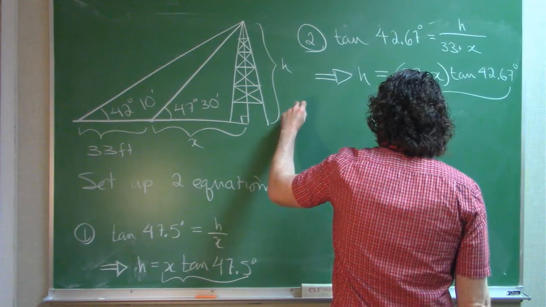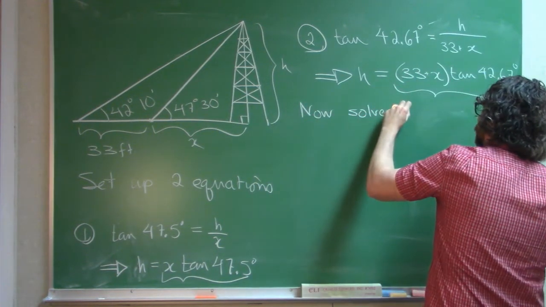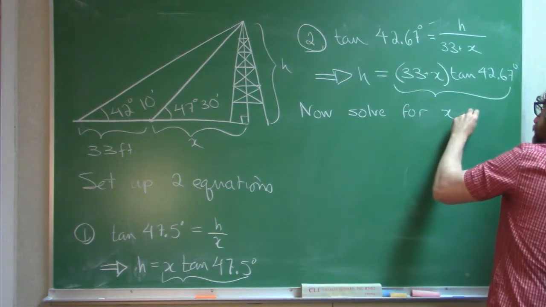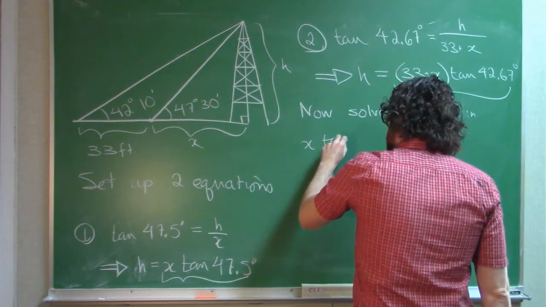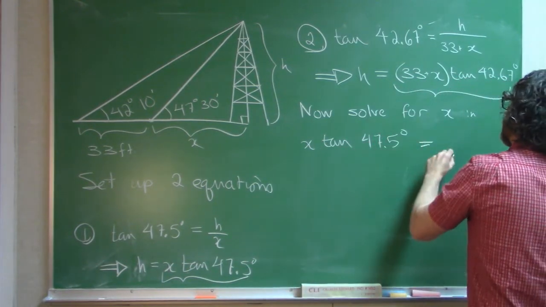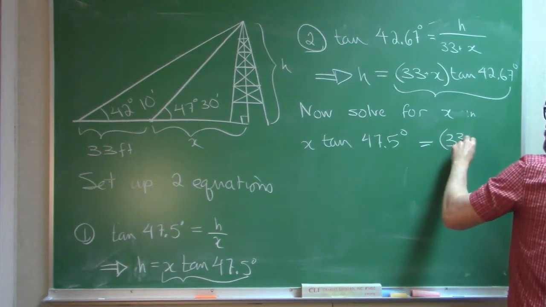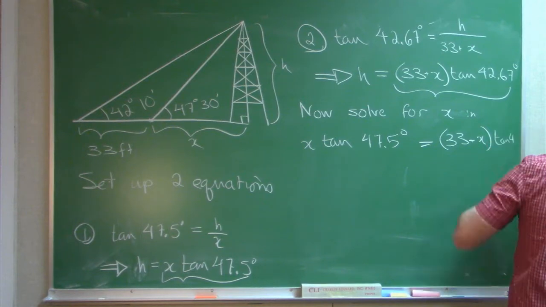So now we're going to solve for x in this equation: x times tangent of 47.5 degrees equals 33 plus x times tan 42.67.